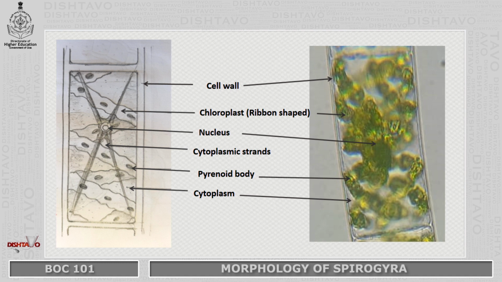Now, these cytoplasmic strands cannot be seen in the photograph because this photograph has been taken under a compound microscope, and to see the cytoplasmic strands you require a higher magnification. Arranged on the chloroplast, you can see the fluorescent bodies which are present in the photograph. Those fluorescent structures are the pyrenoid bodies which are placed at an equidistant distance on the chloroplast, and then the central core of the cell has a cytoplasm.